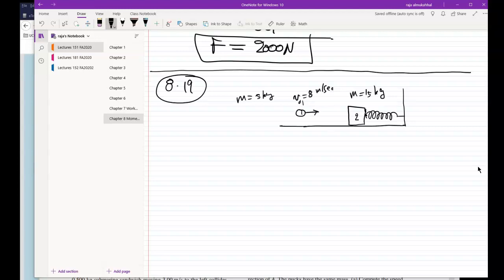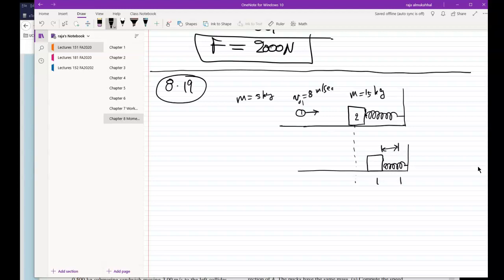He says that the block is compressed. So let me draw the picture again. So now, here is how it started, right? So now what happens is that the spring is compressed. The block now is here. It's compressed the distance x here.